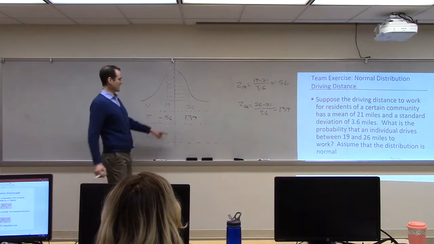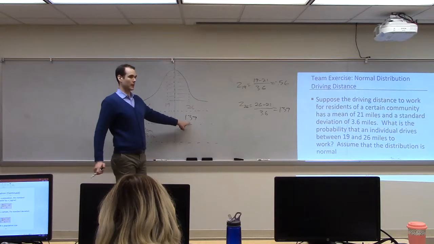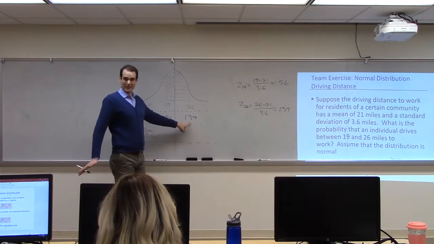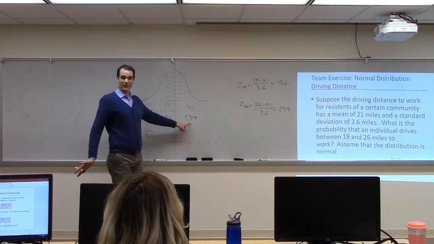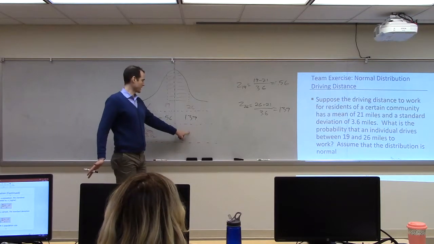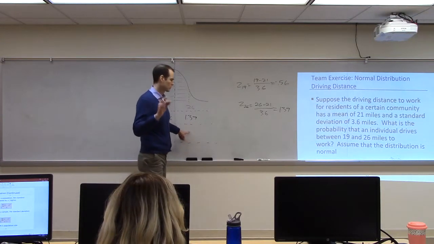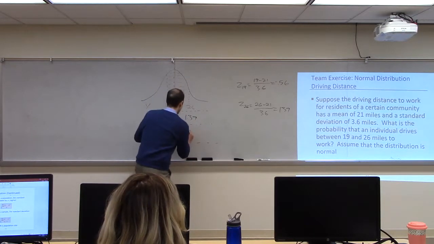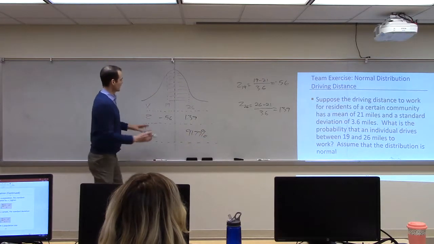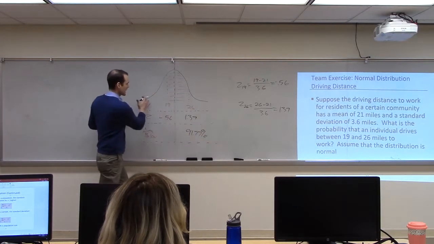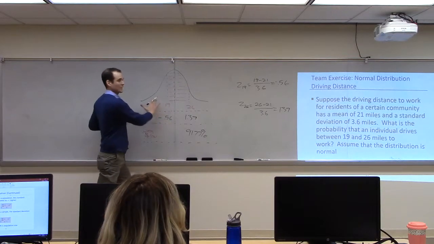Let's start with the easy one, 1.39. So we look on the z-table, find the area below, and what do we see? 91.77%. Yes. Fantastic.